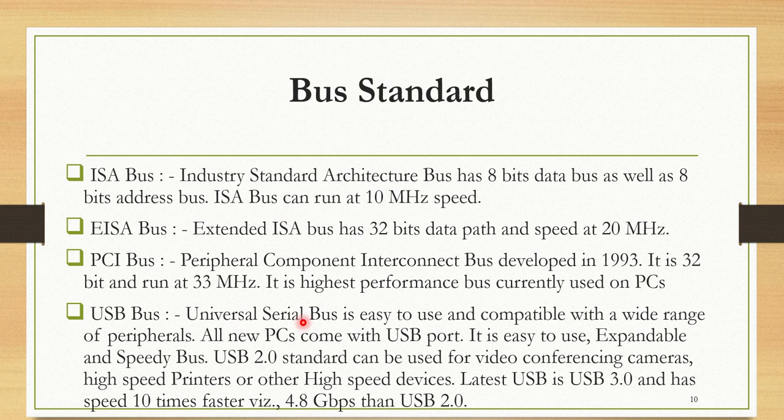So technology changes, the architecture changes. Nowadays, most equipment comes with a USB bus. Every printer comes with a USB bus. Then you can attach so many devices to the computer through the USB bus.